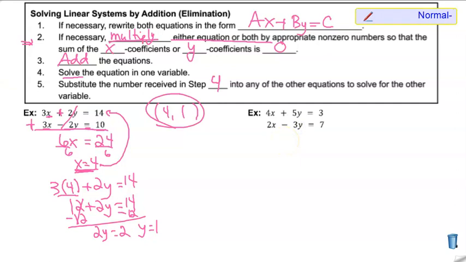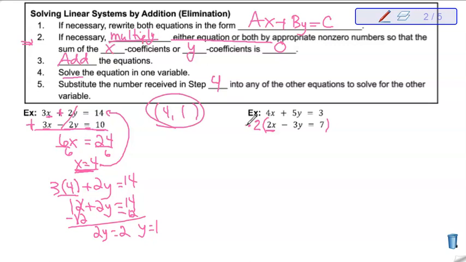So in order to make this occur to where I can get the same number here, I want to make sure that I'm able to do that in an opposite form, okay? So if I were to multiply by 2, that's going to give me a positive 4. But I don't want to do 4 plus 4. That's not going to give me 0. I want that to be a negative 4. So I have to bring in a negative number there.